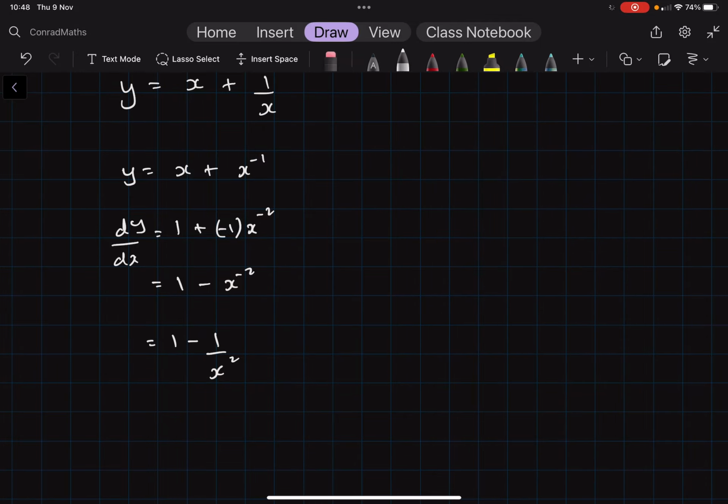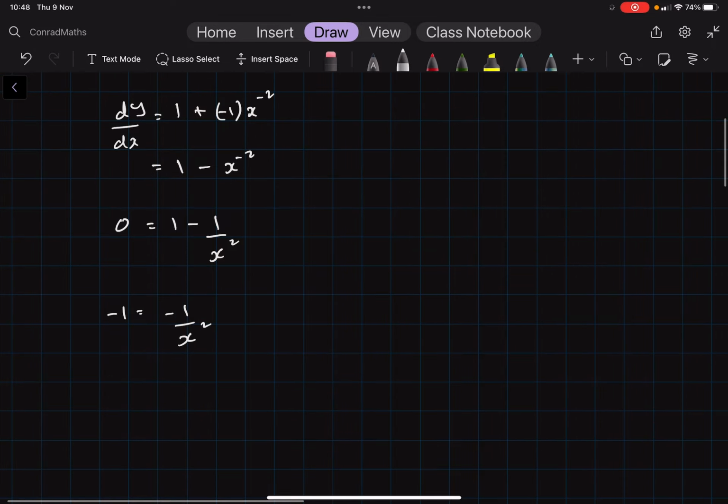Okay, so that's a stationary point. dy/dx needs to be 0. So we need to solve that for x. A number of ways to do this. I'm going to do it this way. And then, since both sides are negative, we can multiply through by negative 1, making it all positive, and we multiply it through by x squared as well.